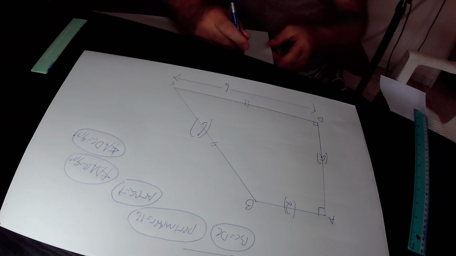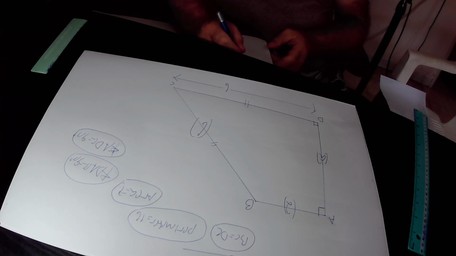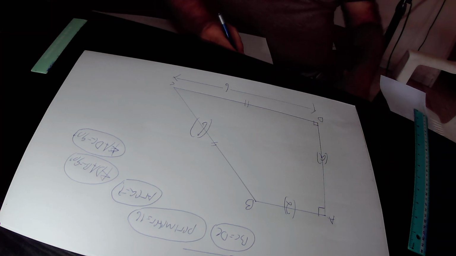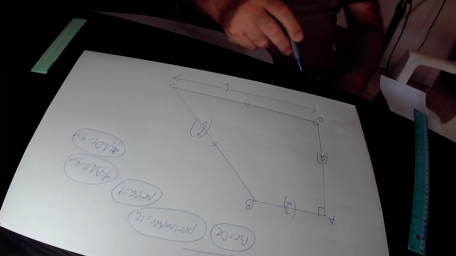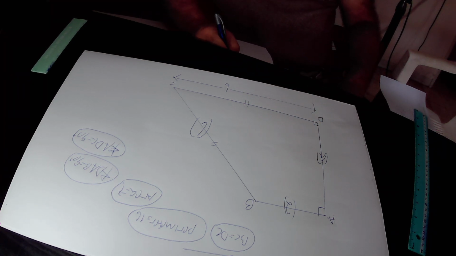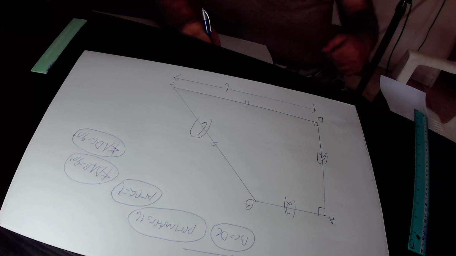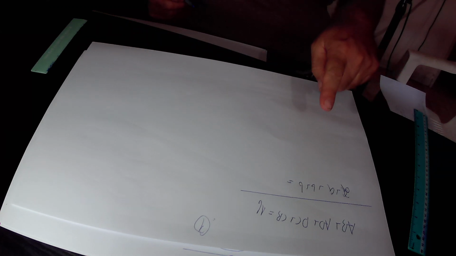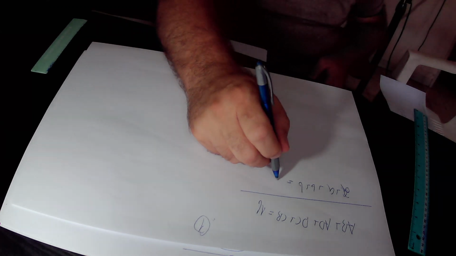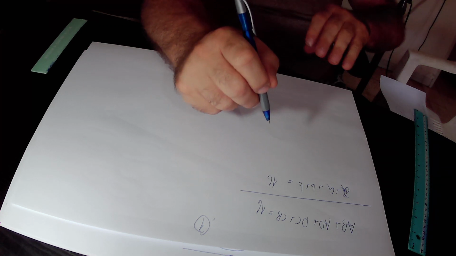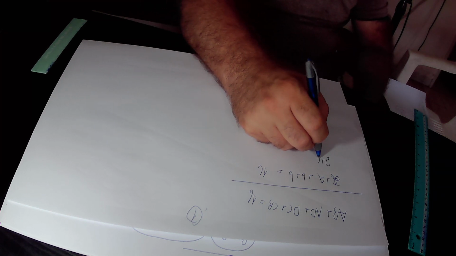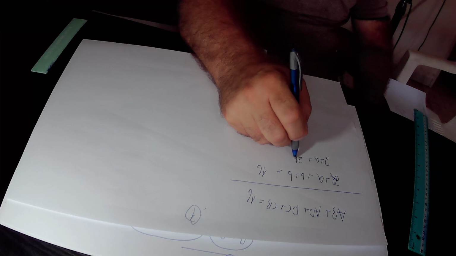AB is 2 according to what is given in the question, plus AD is A according to our definition, plus DC is B, plus CB is also B. So in total, 2 plus A plus B plus B, which is 2B, equals 16.